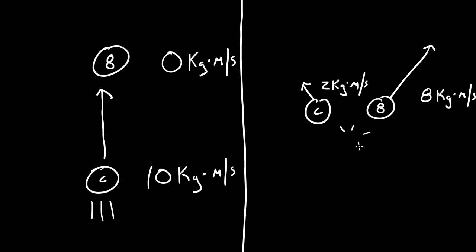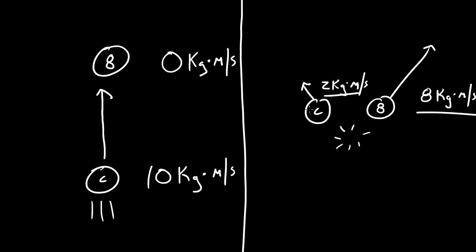And let me symbolize the collision with this little bang right here. So again, we're hitting the cue ball, which had an initial momentum of 10 kilograms times meter per second, into the 8 ball, and a realistic result would be the 8 ball going in this direction at 8 kilograms meter per second, and the cue ball going in this direction at 2 kilograms meter per second.